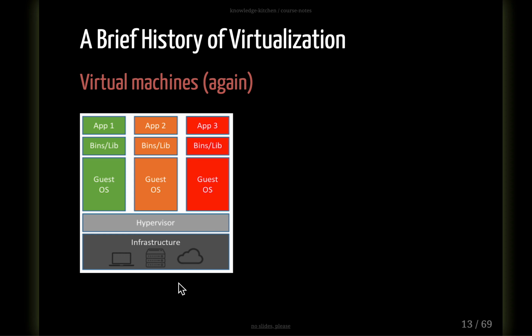So on the host machine, we can run a virtual computer with its own operating system virtually. We can run another virtual computer with its own operating system that might be different from the first. And we can run a third virtual machine with its own operating system that, again, could be different from the other two. So on a single host machine, you can be running virtual emulated other machines in the software world.